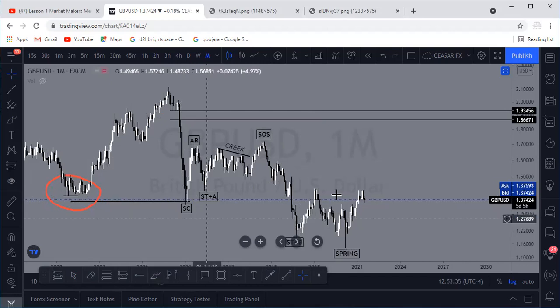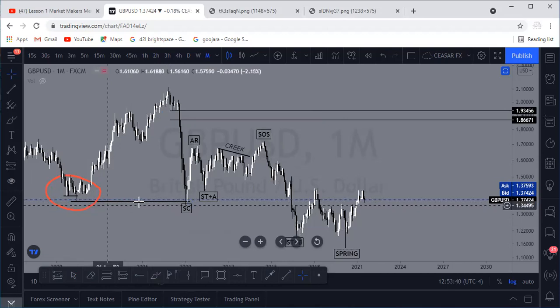So now let me also show you this. As you can see here, the price did the same thing as it did here. This was the first move to the downside. It went back up, meaning this move was just a manipulation. Once again, even here, the same thing happened.